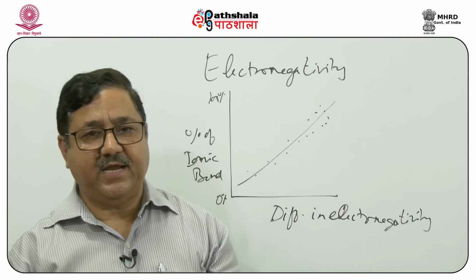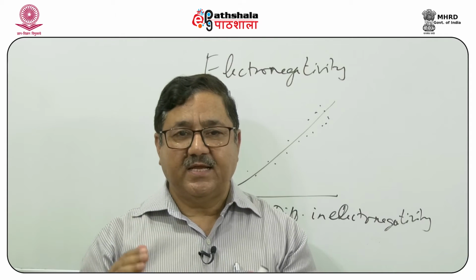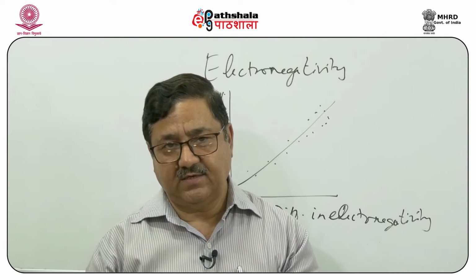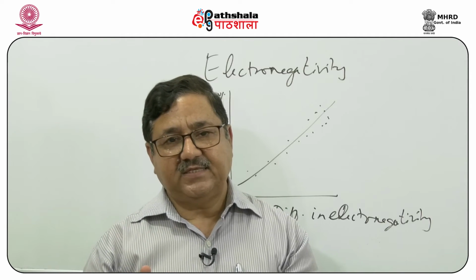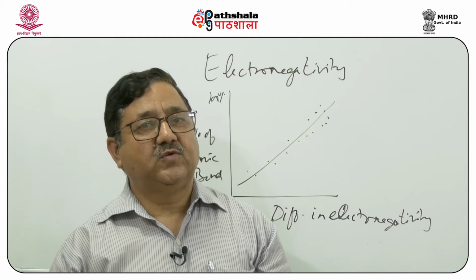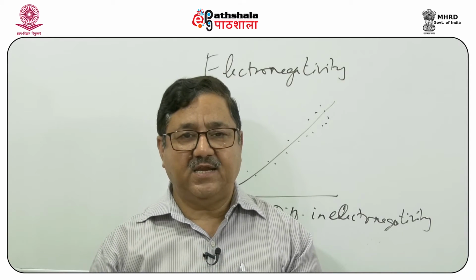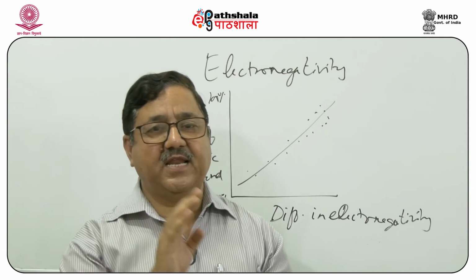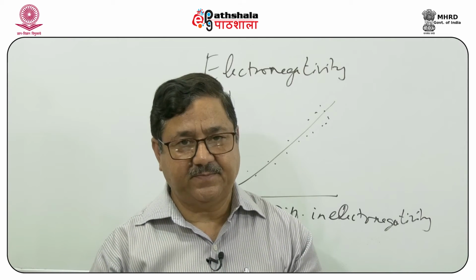Now in bonding, what happens is that there is often a polarity which develops in bonding. The polarity means that even though the compound is electrically neutral, it has a positive charge on one side and a negative charge on other side.